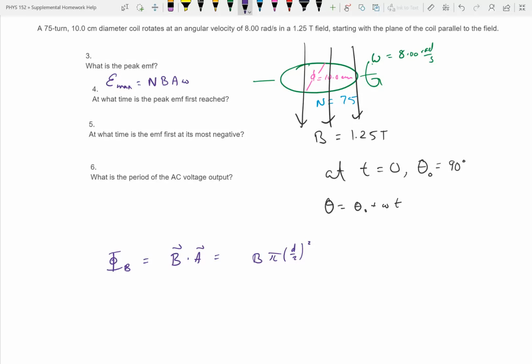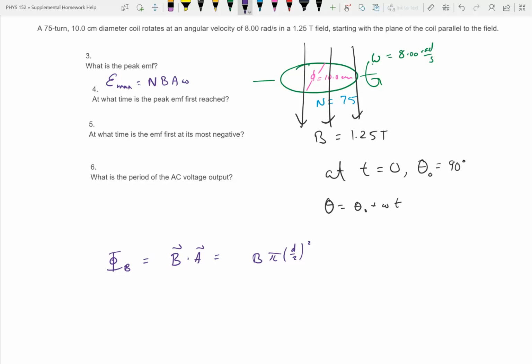That's radius. So that's B times area, but then it's going to change with angle. At time equals 0, the magnetic field is in the plane of the coil, so the flux is 0 initially.